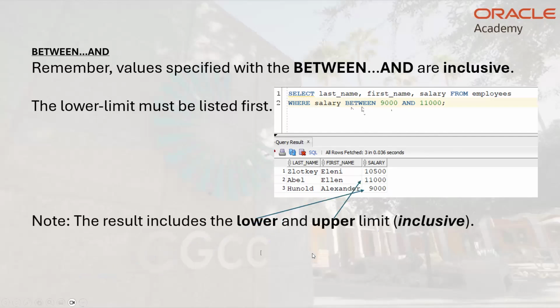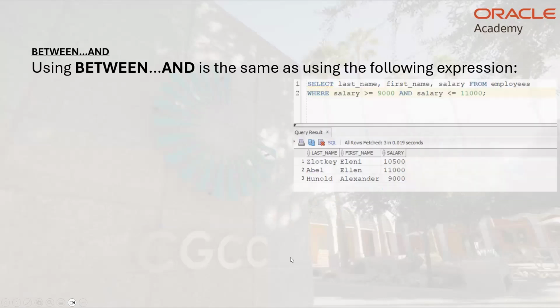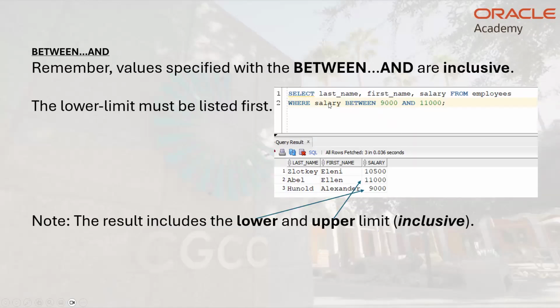And I did want to point out the whole upper and the inclusivity here. So the between and is exactly the same, as I said before, as using greater than or equal to and another comparison operator, less than or equal to. But you see here the syntax, you would have to indicate it this way with less than or equal to, as opposed to this way.